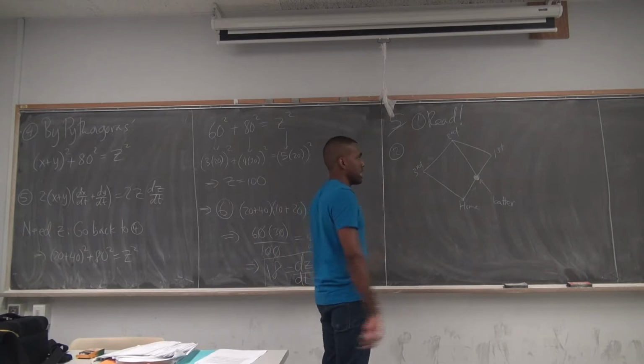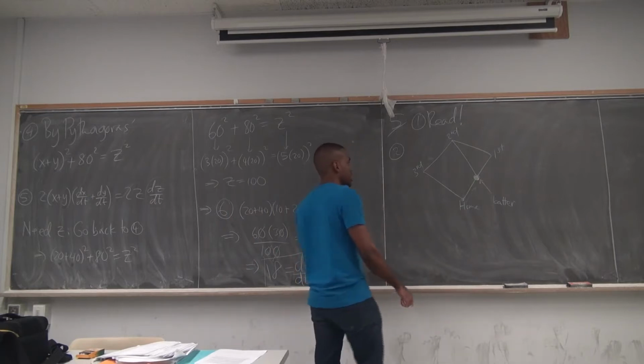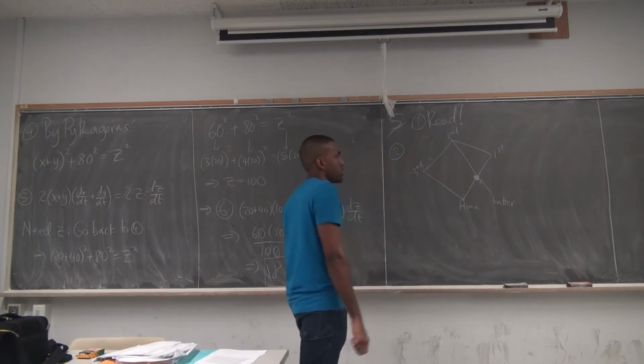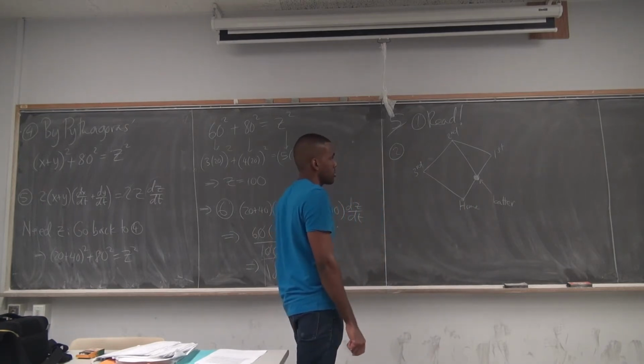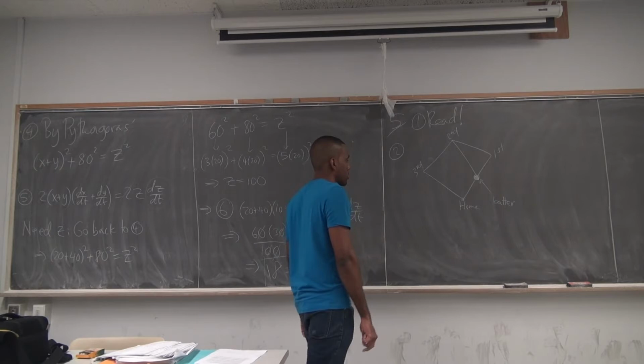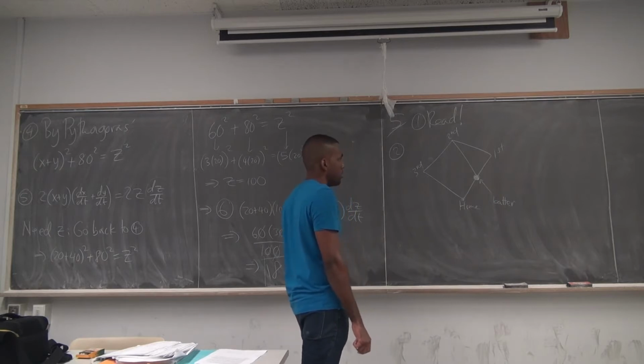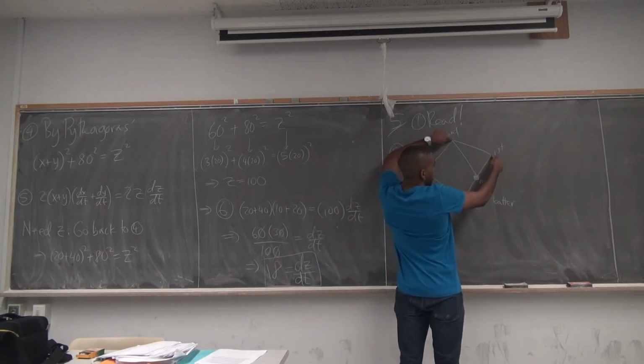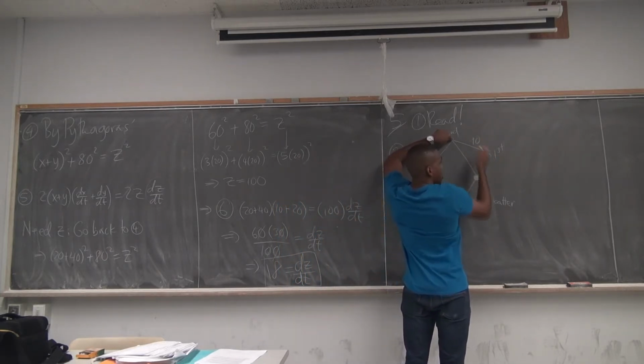Okay, so now that that's the picture, now we have to label it. How do we label it? Second and first is 90. It's 90, and it's always going to be 90.